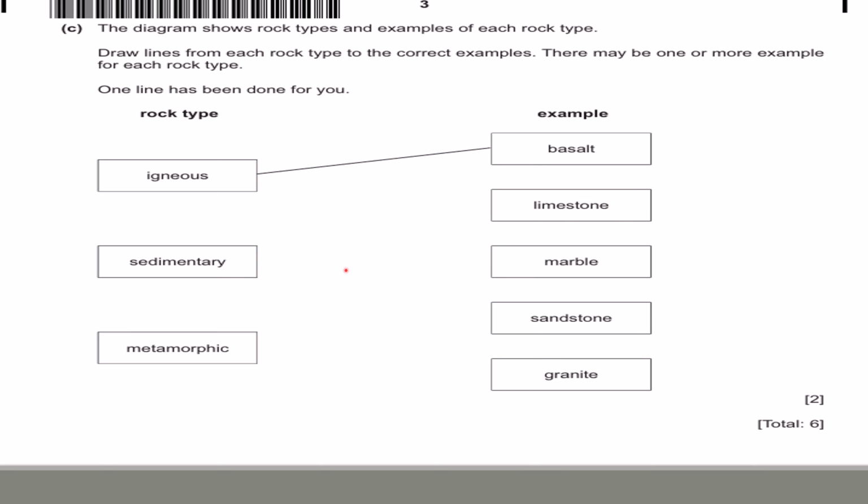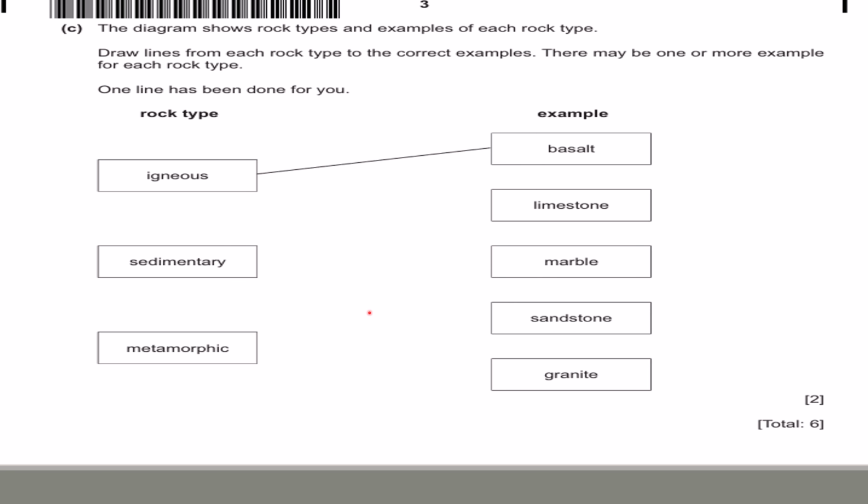The first type of rock is igneous, which is already done. As we all know, igneous rocks are formed from magma or lava, and the examples are basalt and granite. The second type is sedimentary.